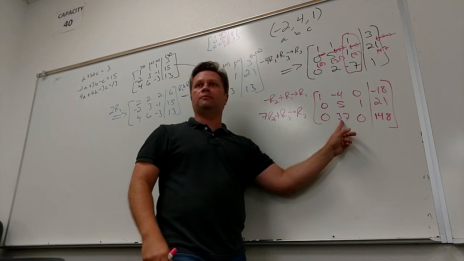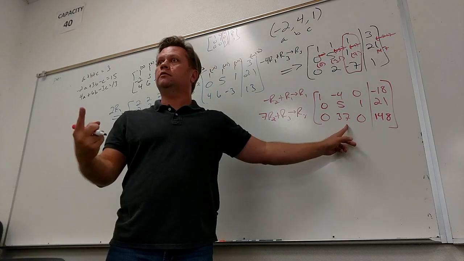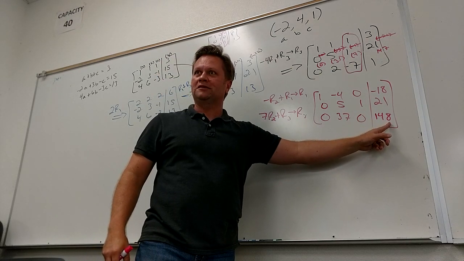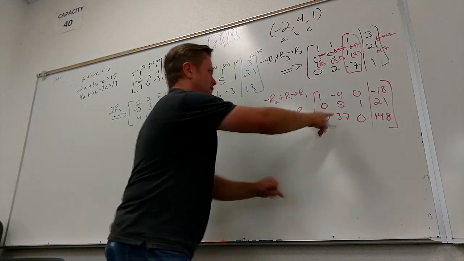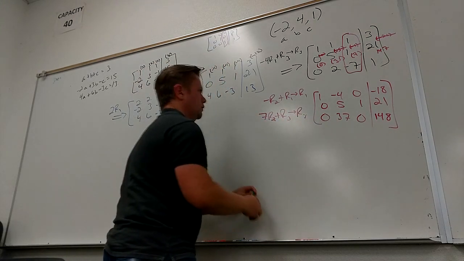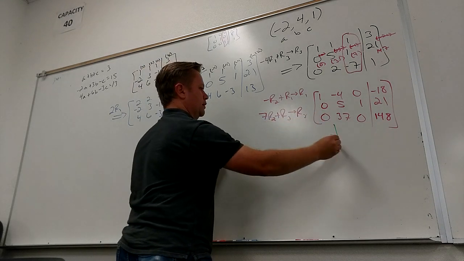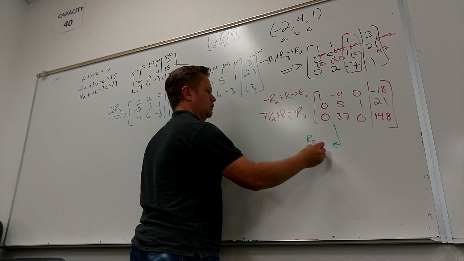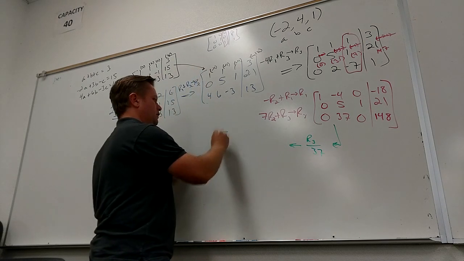Now's the time you just divide by whatever's left, because you're going to make a 1 there. Thank God 37 goes into 148 4 times. All right, so let's see. If I take this row and I divide this row by 37, let's see what that looks like.